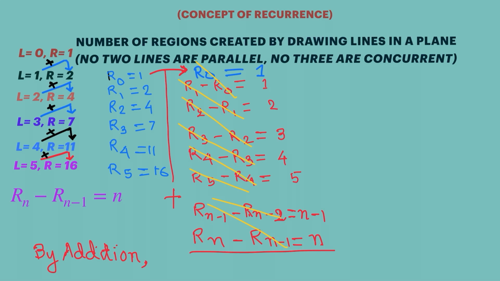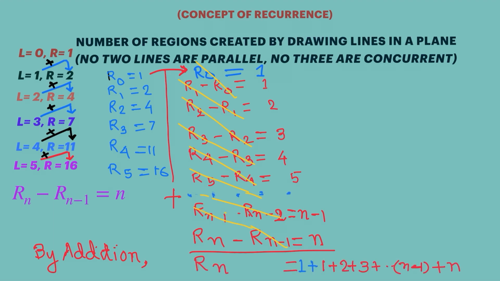So the left hand side of the result will be Rn, and right hand side, the blue colored one, extra 1, and after that the red colored 1 plus 2 plus 3 plus up to n. And we know that the red colored 1 to n is nothing but the sum of first n natural numbers, that is n into n plus 1 by 2.